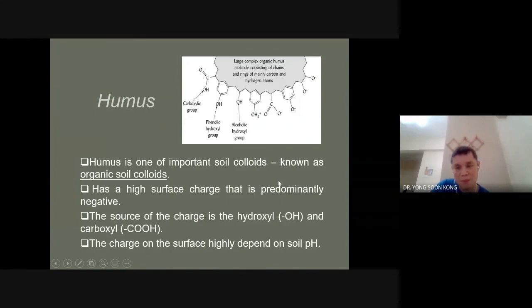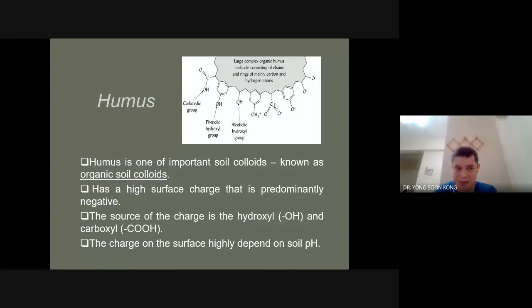The other thing that I possibly did not explain to you during CEC is the last part. The charge on the surface is highly dependent on soil pH, and they have one more function. Apart from storing moisture and storing nutrient, the existence of this functional group can buffer the sudden change of pH.